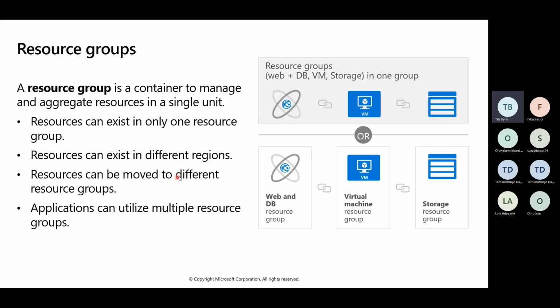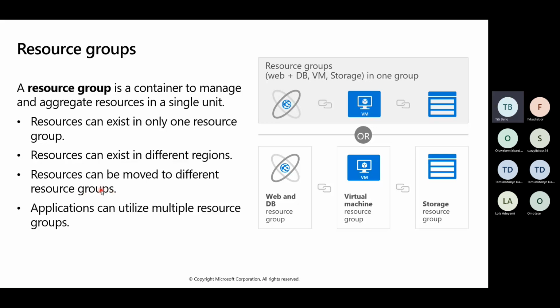Resources can be moved from one resource group to another. Now, mind you, there are situations where you have created a resource and you selected a particular region, maybe West Europe, for instance, and you want to move this resource from West Europe to the North Central US region.